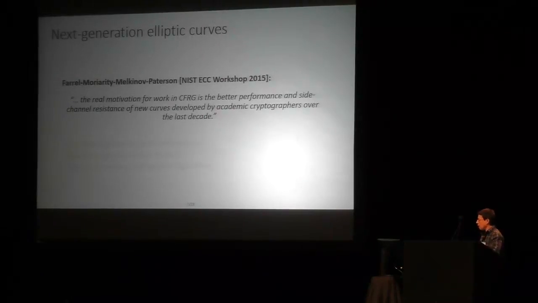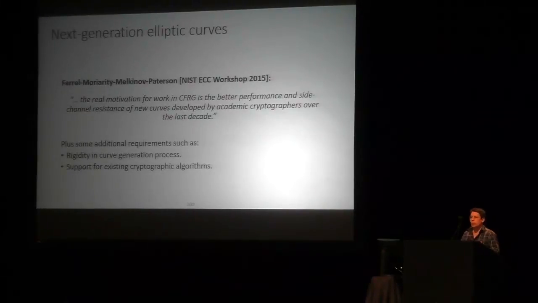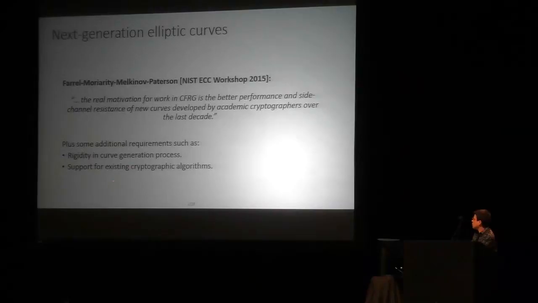So there was a real emphasis on performance and side channel resistance at the moment of selecting the curve. I can add other requirements that were important at the moment of the selection. I mentioned two that I think are relevant: the rigidity in curve generation, and also the support for existing cryptographic algorithms such as ECDH, the ephemeral case especially, and signature schemes.